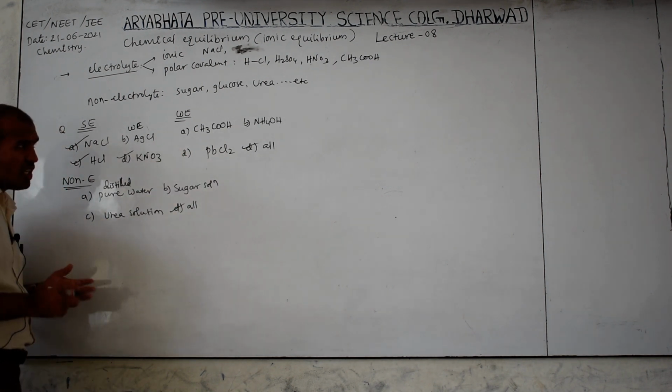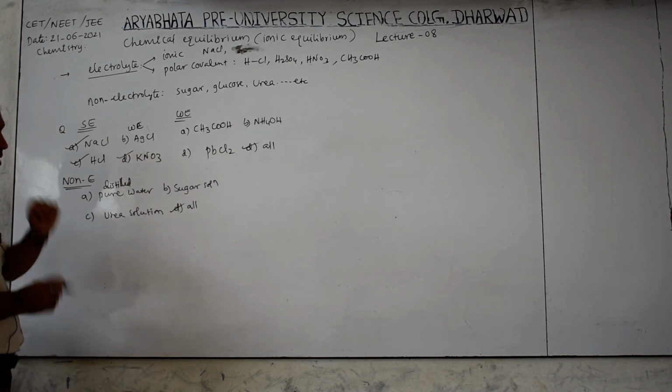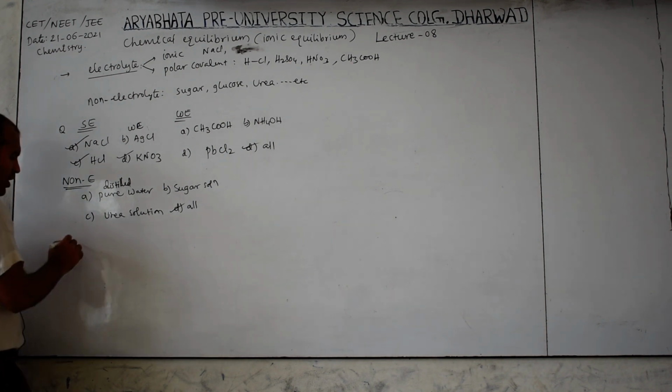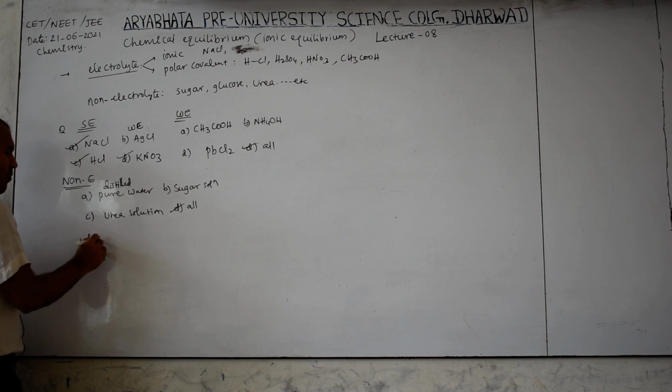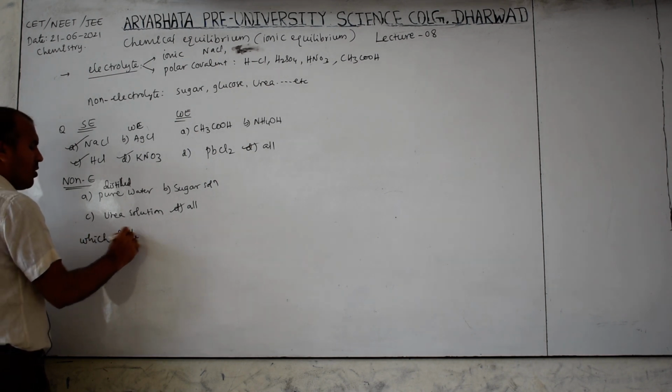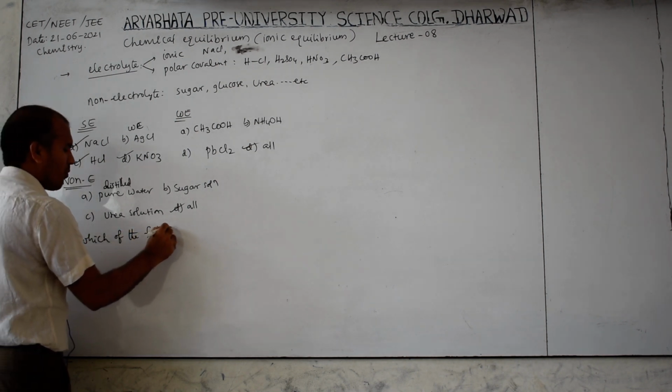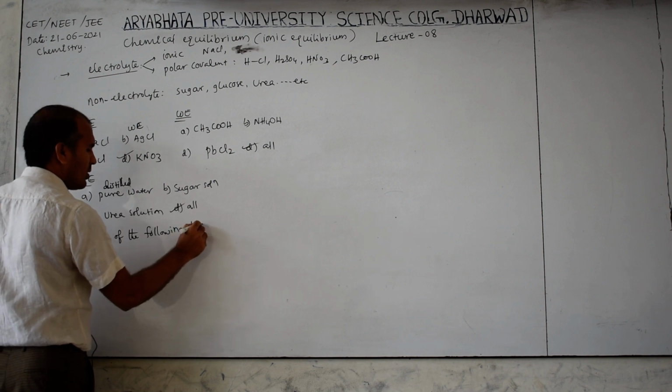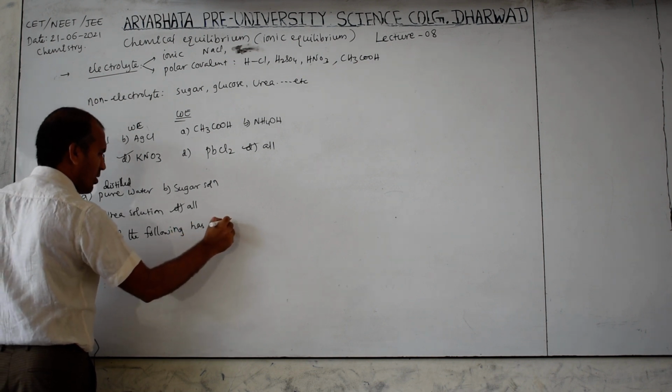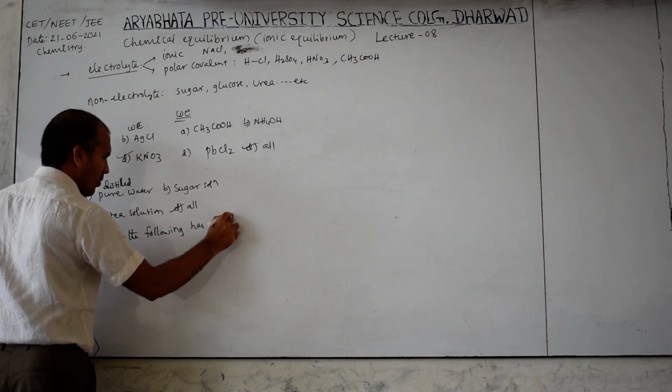Now we know about electrolytes, and based on their degree of ionization or dissociation, which of the following has alpha less than 1?